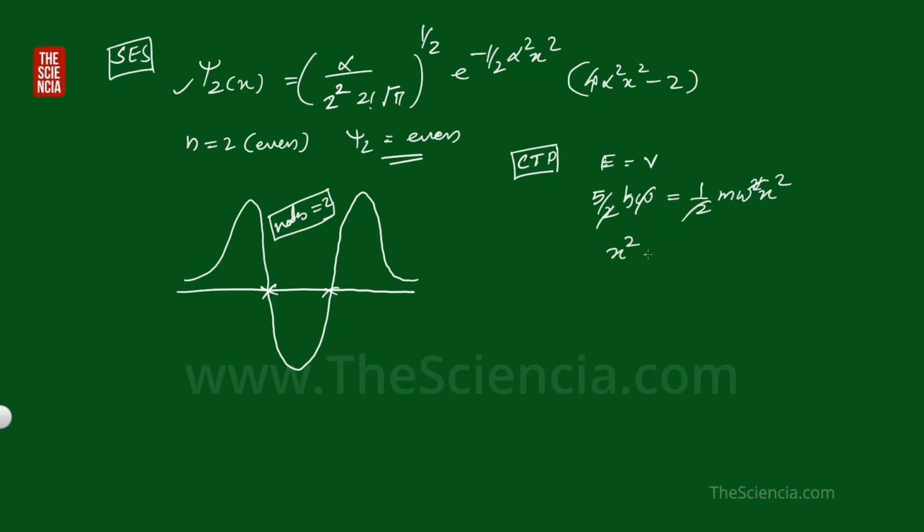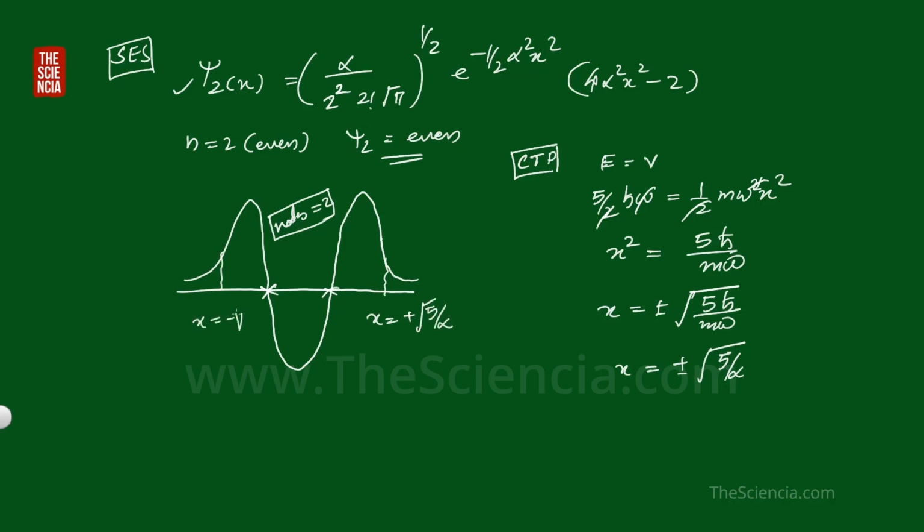So we get x square is equal to 5 h cross by m omega, that is x equal to plus or minus root 5 h cross by m omega, that is x equal to plus or minus root 5 by alpha. So one of the values will be here, that is x is equal to plus root 5 by alpha, and this is x equal to minus root 5 by alpha, and this is the position where x equal to 0.